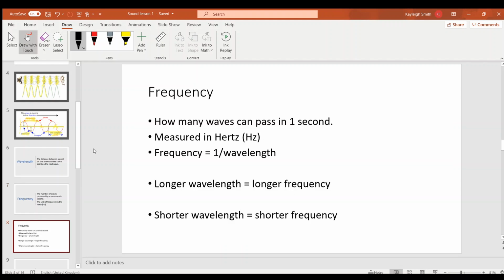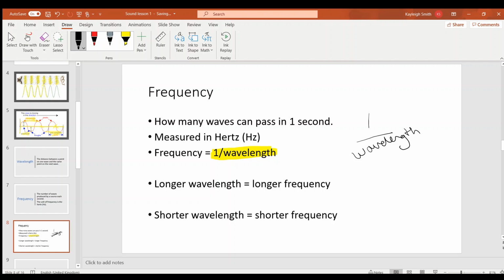So there's an important calculation that you need to be able to do, and that is this one here. Frequency is measured in hertz, but we can find the frequency by doing a calculation. It's simply the number 1 divided by the wavelength, and that will give you your frequency.